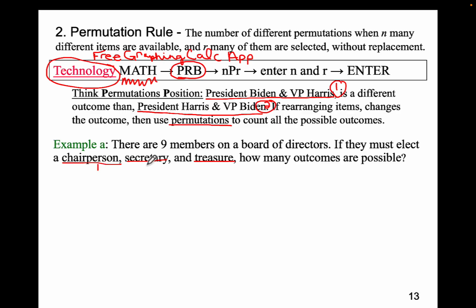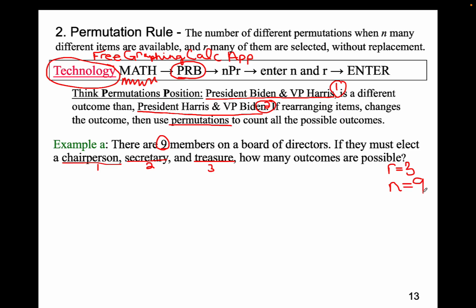That's 1, 2, we need 3 people. The 3 is equal to our r. The total number that we have is 9 members. So we're going to choose 3 of the 9. 9 gets the lowercase n.